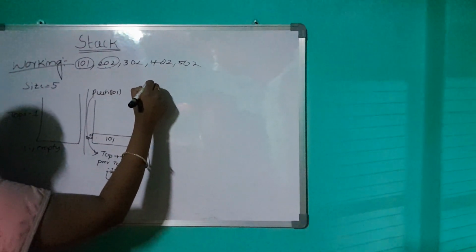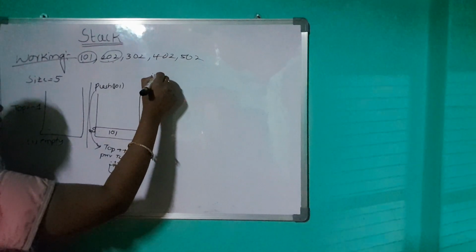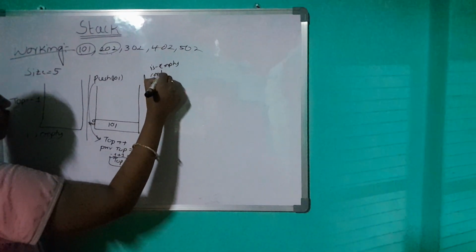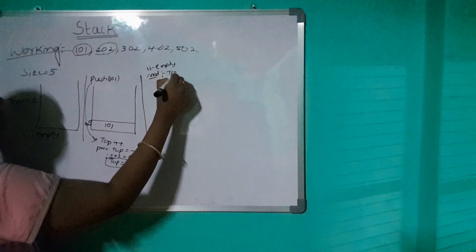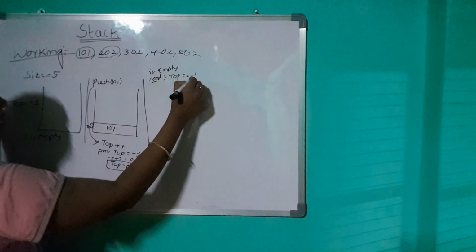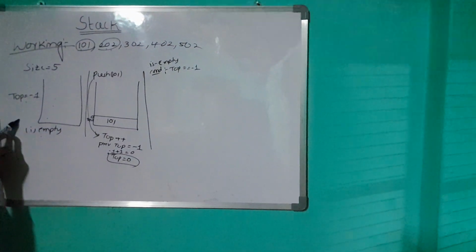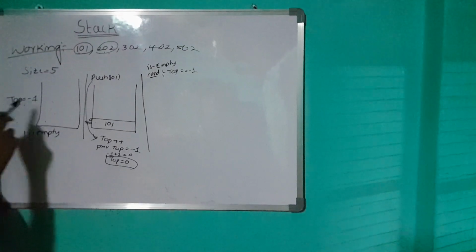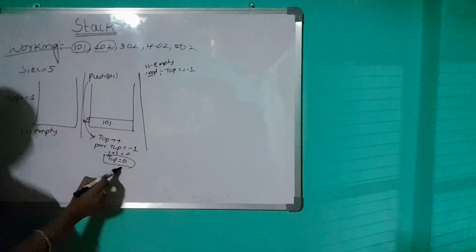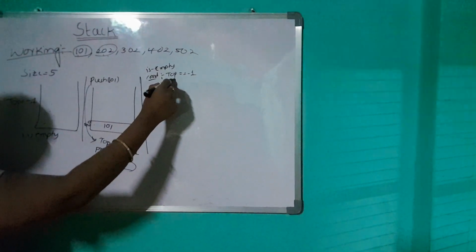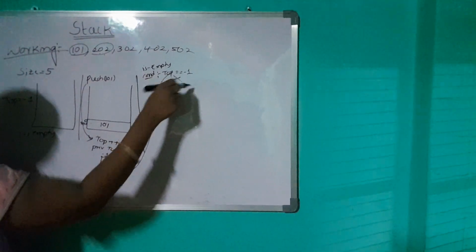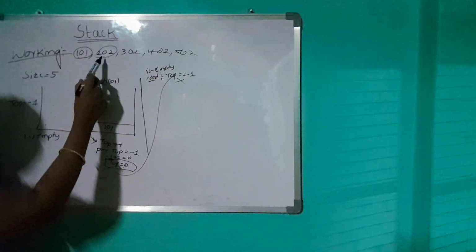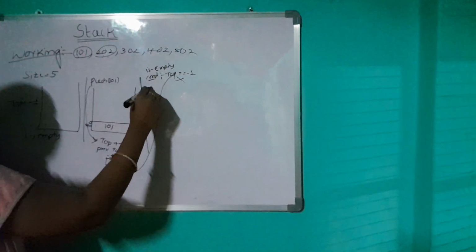The empty condition is top is equal to -1, because when the stack is empty, top is equal to -1. Here top becomes 0. The top is equal to -1 condition fails because top is equal to 0. Therefore we can insert 202 onto the stack.